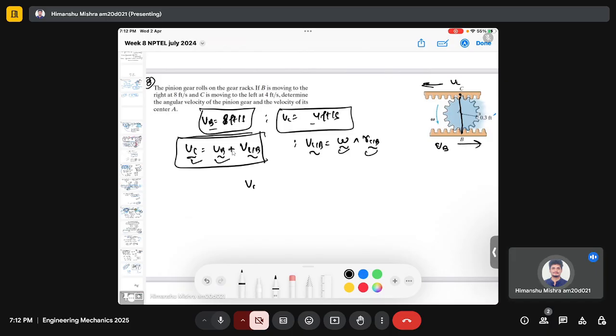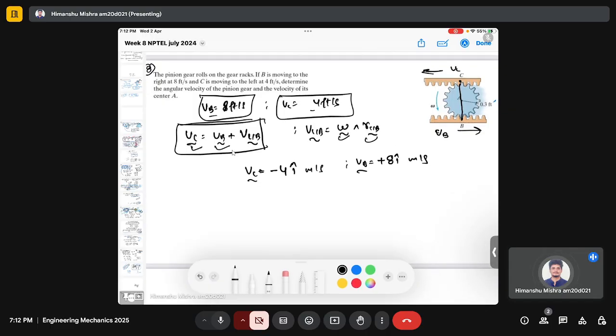So my VC, since it is in the left hand side direction, will be minus 4i, because the entire component of velocity is in x direction. So this is my velocity vector at point C, and my velocity vector at point B will be positive 8i.